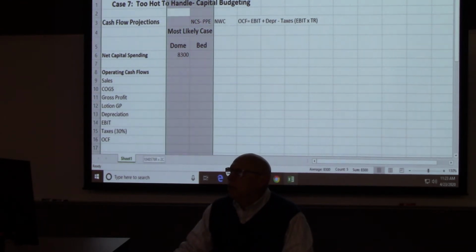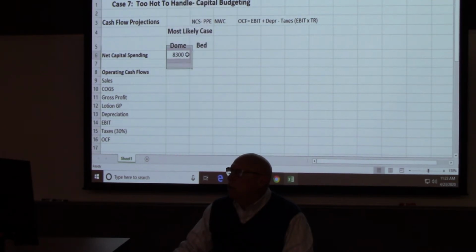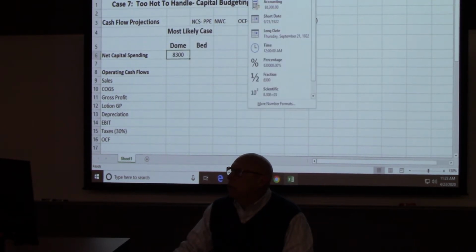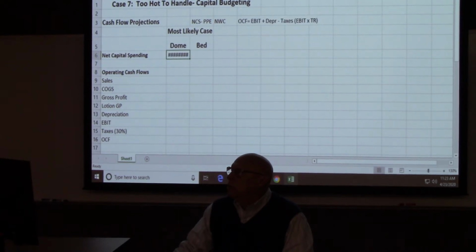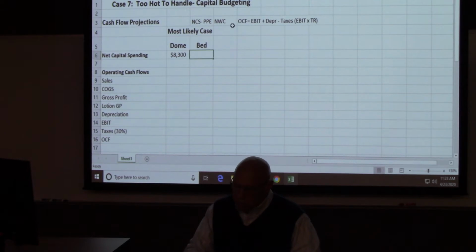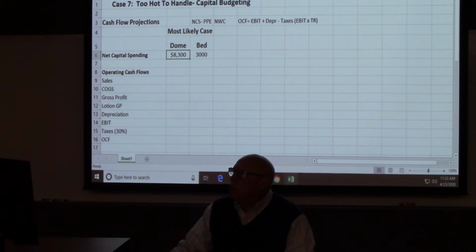Let's go ahead and center both of these columns, and let's make this a currency number and take the 2 zeros off. We don't need cents. Okay, now the bed is equal to 2,800 plus 200. All right, let's go ahead and format these the same.